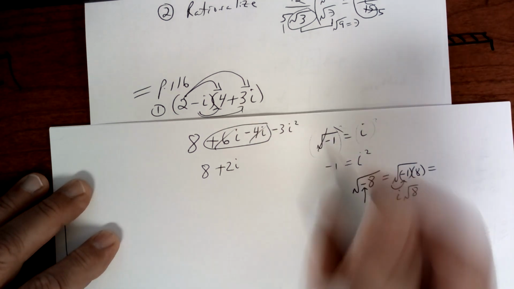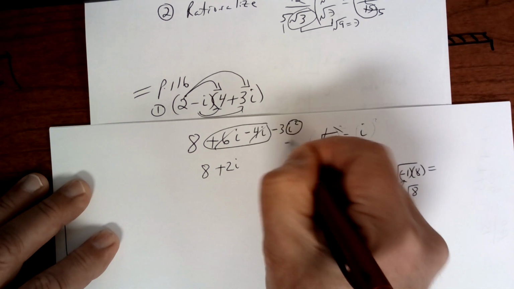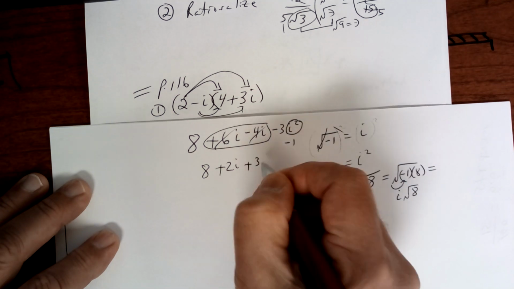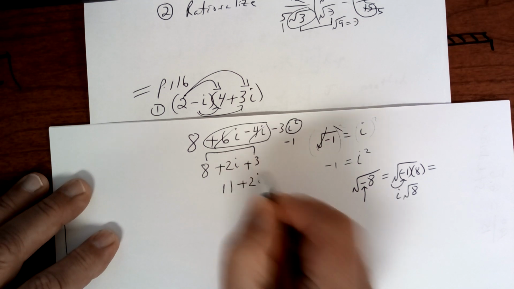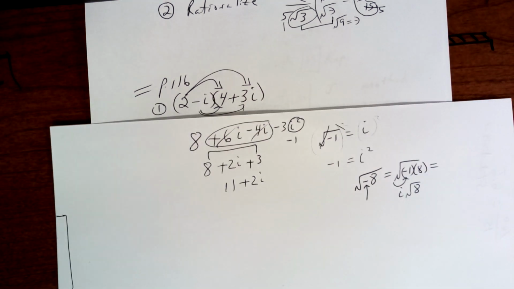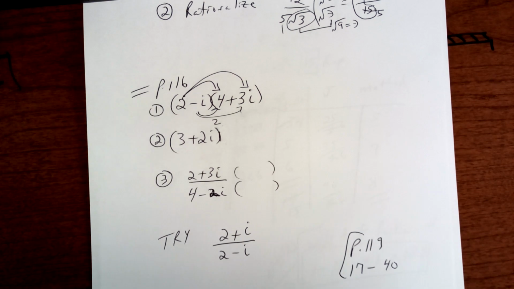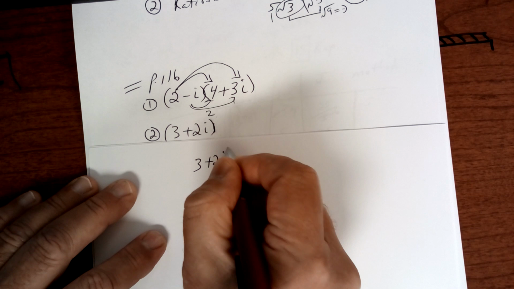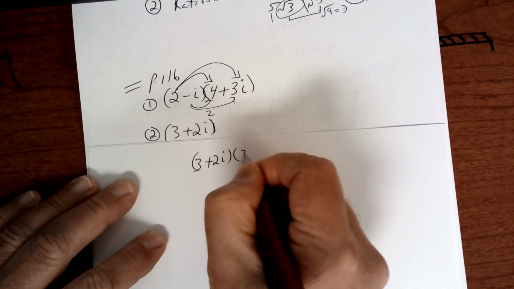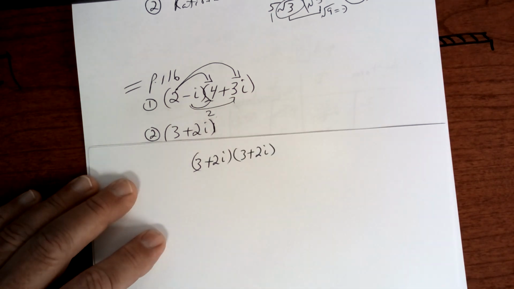So this is really a negative 1, and so that's going to give you a positive 3. You're going to add that up and get 11 plus 2i, and that's how you do that.